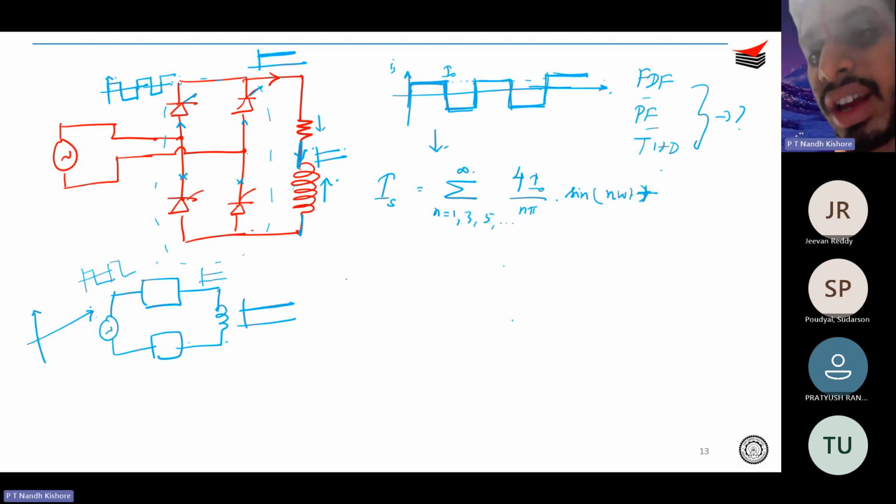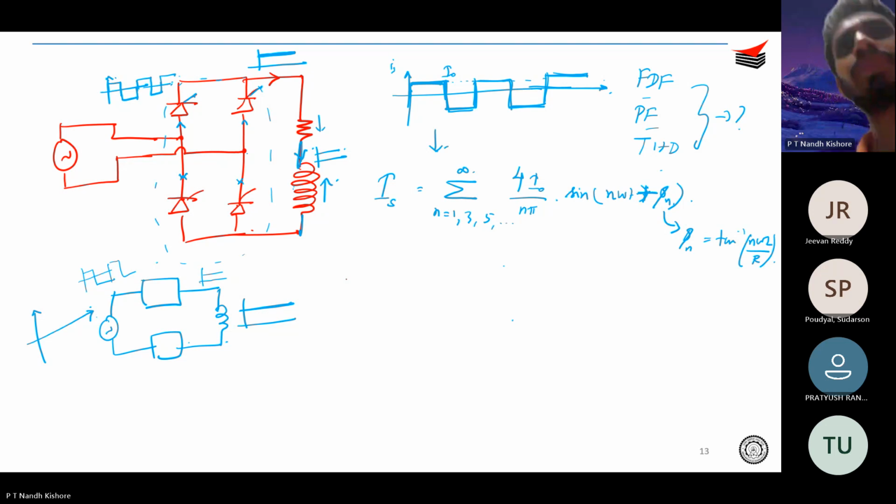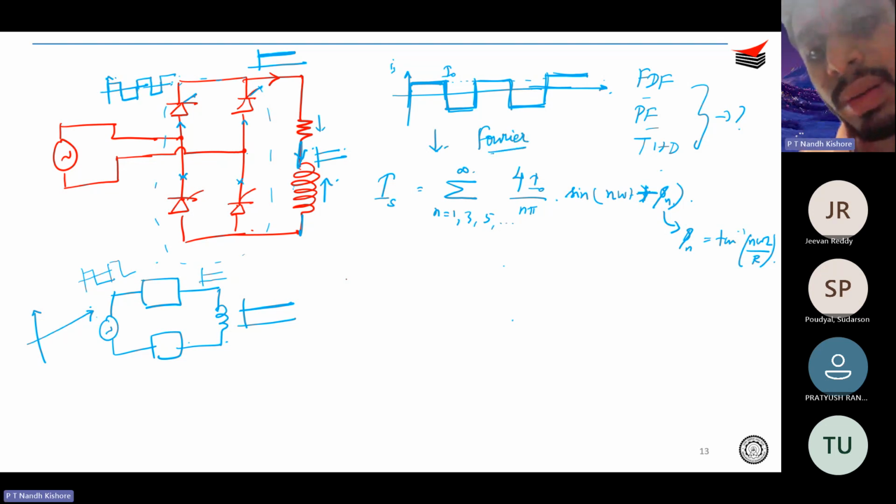Of course, there will be an angle phi n, which is tan inverse of n omega L by R. This is just from the Fourier series.